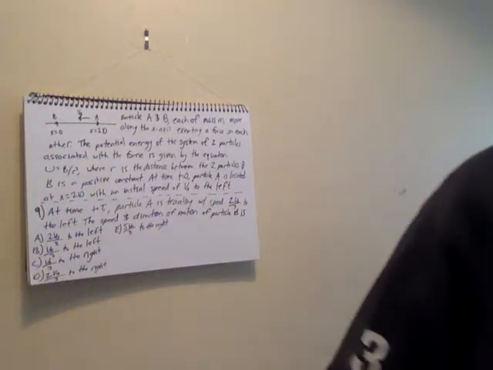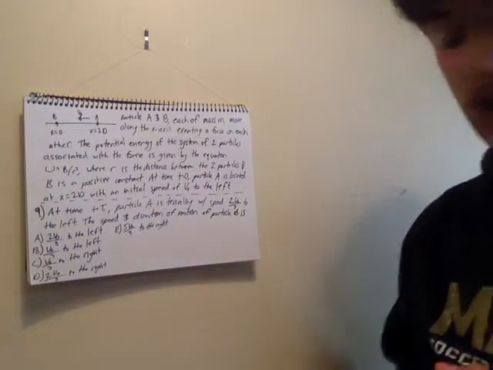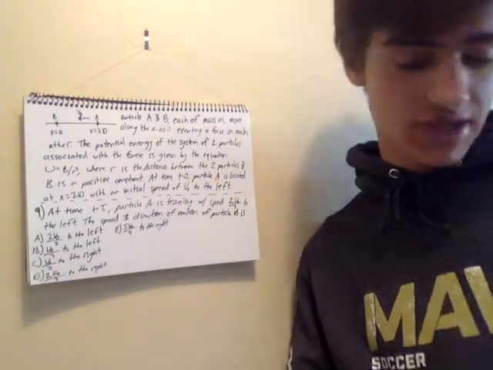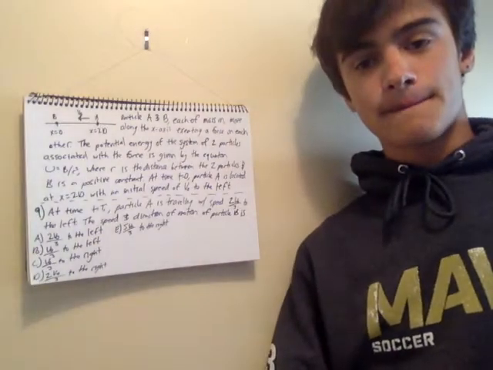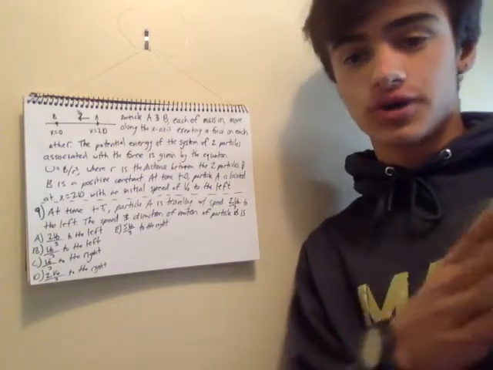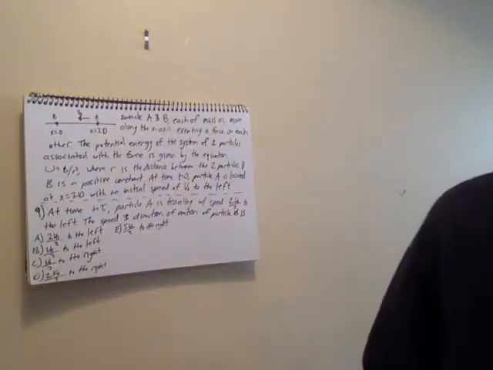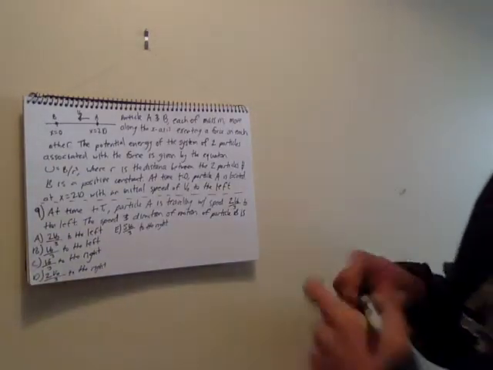So we're dealing with momentum. Momentum for one particle is mass times velocity, but we're going to conserve it. So we're going to add up the momentums of the two particles at the start and set that equal to the momentums of the two particles at the end. So our initial momentums, we're going to have the mass.